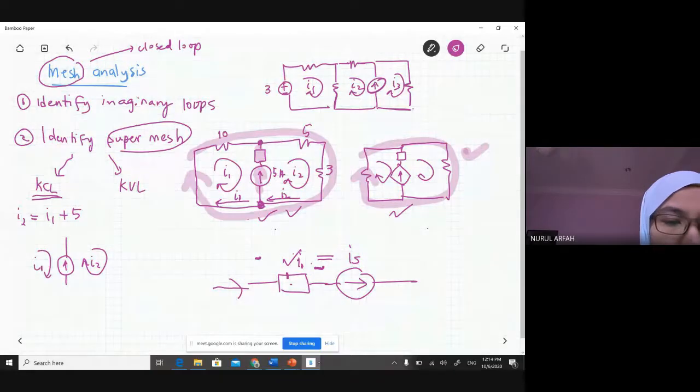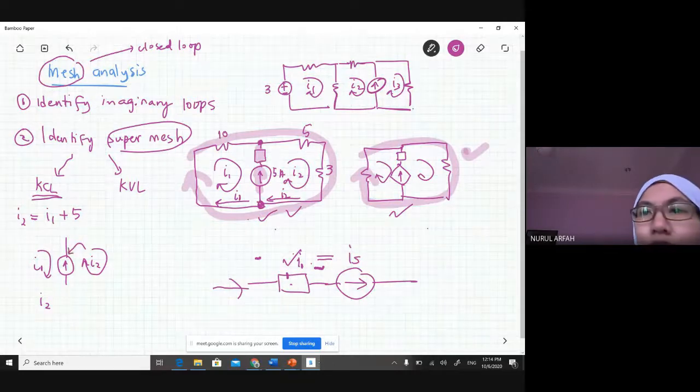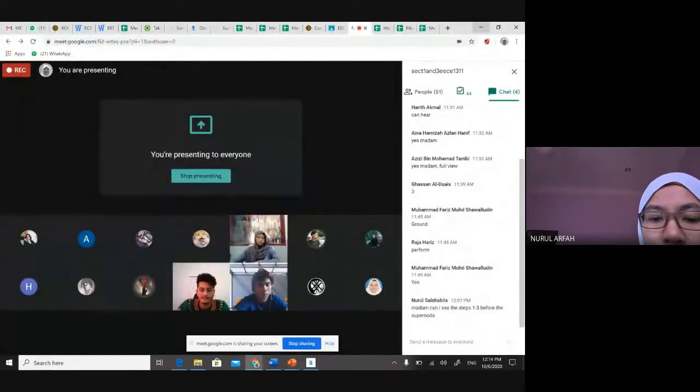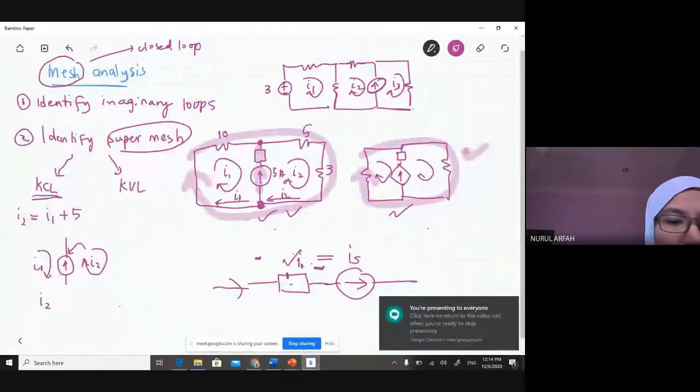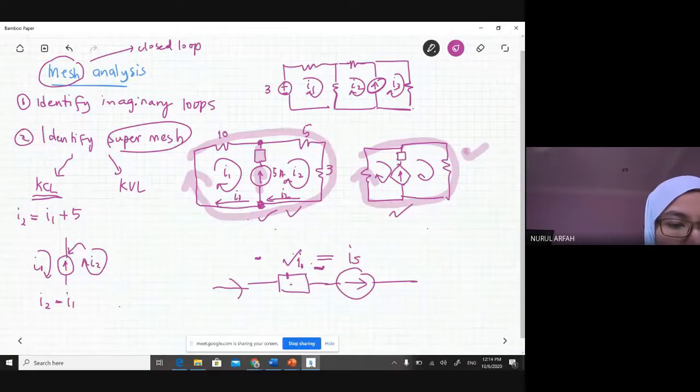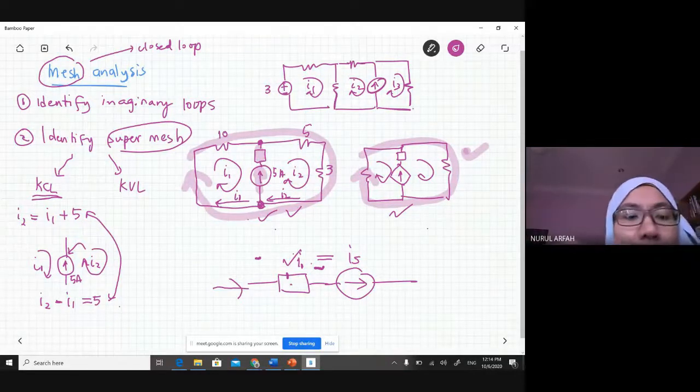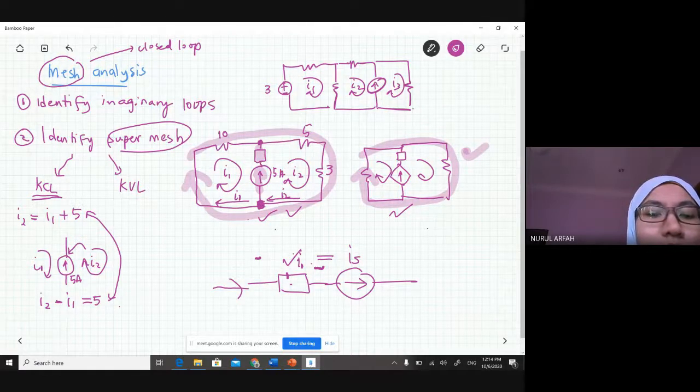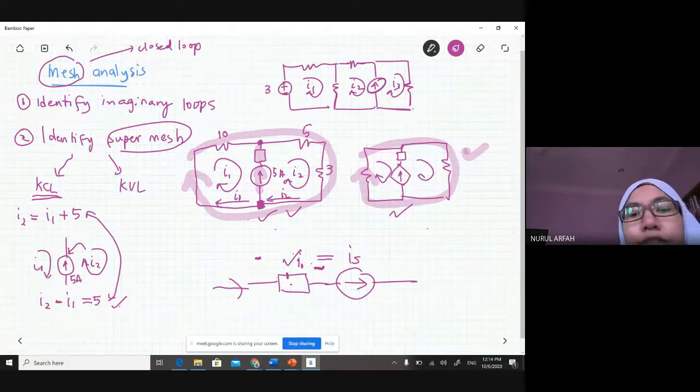The same current direction as this source, which is I2, minus the opposite current direction, I1, should be equal to that 5 amps. Is this too simple? So it's up to you. You want to use this particular node, or you want to use the other one. As long as they give you the same result.